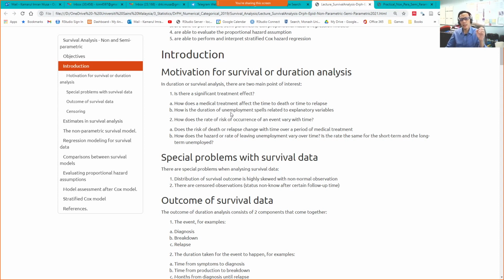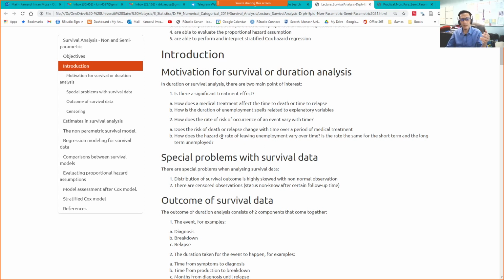Durations of unemployment spells: how long does it take for the unemployed person to get a job, and then try to relate with some explanatory variables. We could also look at the rate of risk of occurrence of an event, whether it varies with time or not.